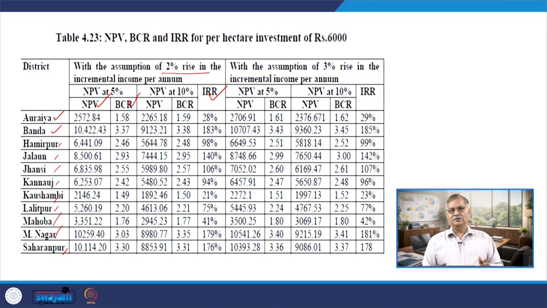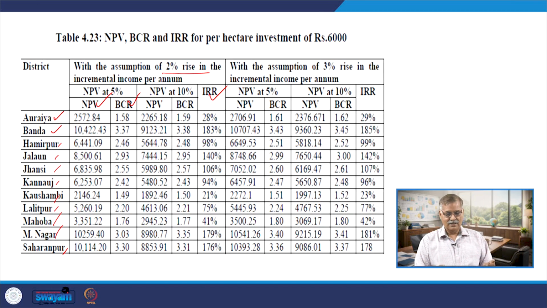So you should also understand that the project viability or cost and benefits from the project depend upon how much is SDR, that is social discount rate. But IRR is independent of SDR.